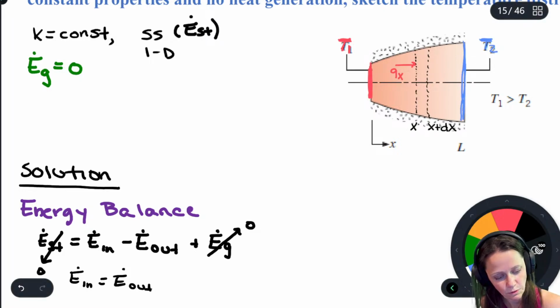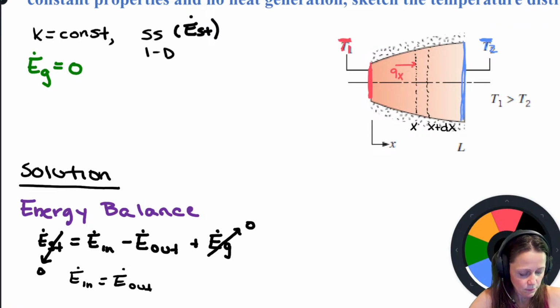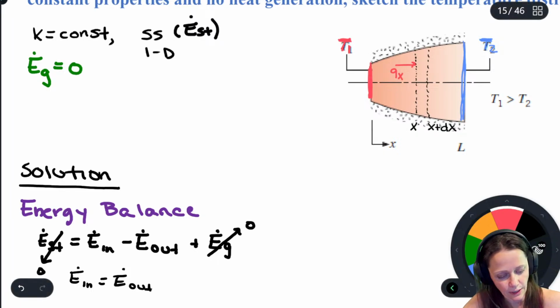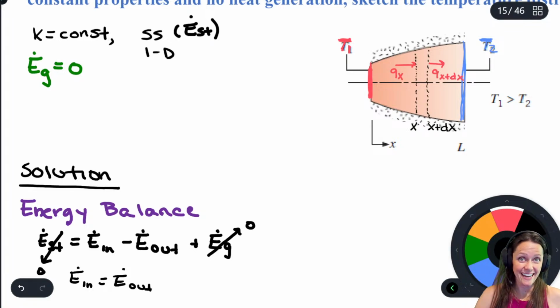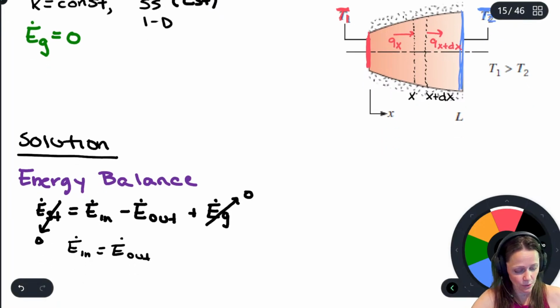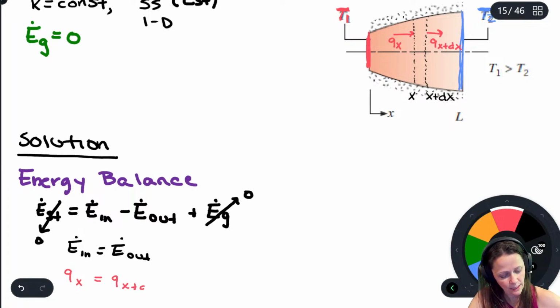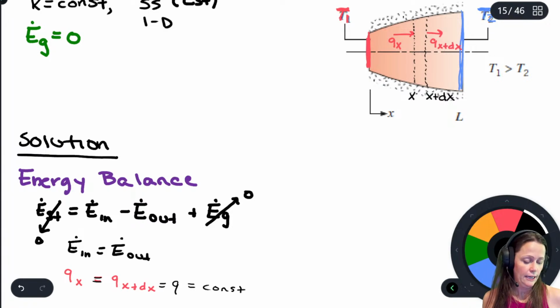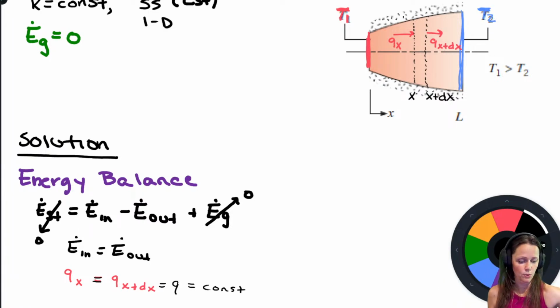So heat's going to be flowing from what's hotter to what's colder. All right. So I've got Q coming in at x, and then I've got Q coming out at x plus dx. And since that's all I've got, then Q at x is equal to Q at x plus dx, which means that Q is just a constant. No matter what slice I'm looking at, it's the same all the way through.